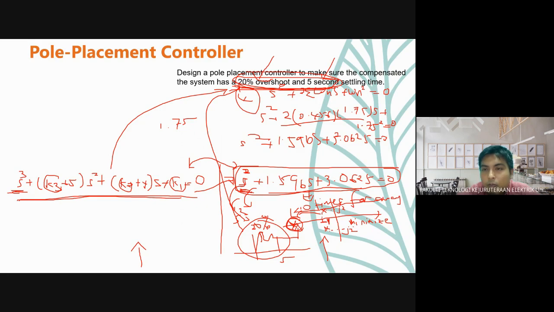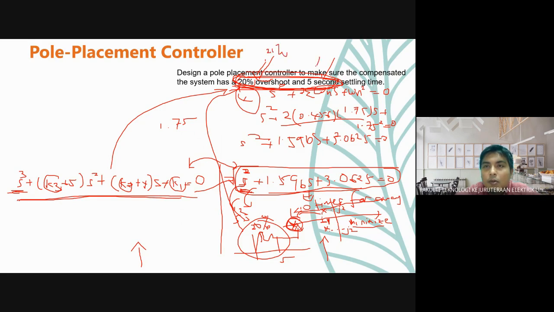So in order to minimize the effect of the third pole, because we want to maintain 20% overshoot and 5-second setting time, but when we add another pole, the third pole here, it will affect. You will not get 20% overshoot and 5 seconds setting time. However, we can minimize the effect. Maybe from 20% overshoot, it will become about 21% only.